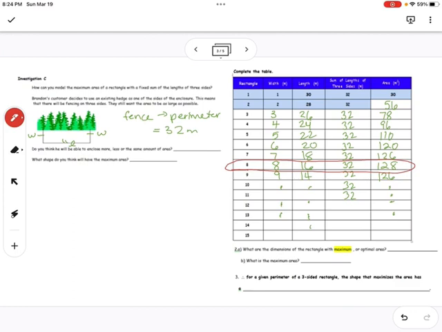Okay, so the dimensions to maximize or optimize the area, our dimensions are 8 by 16. And the maximum area that we can have is 128.